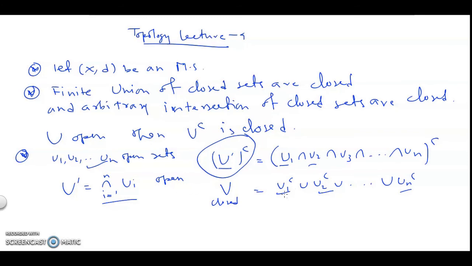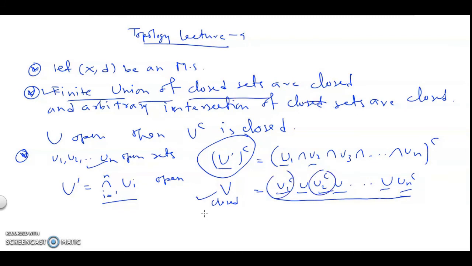So what we have got: finite union of closed sets is again a closed set. That is the first part. We have used the previous result, the complement concept and De Morgan's law, and hence we have proved the first part.